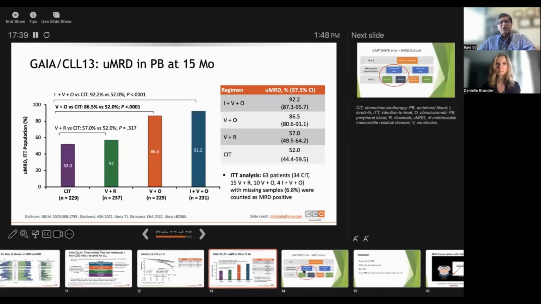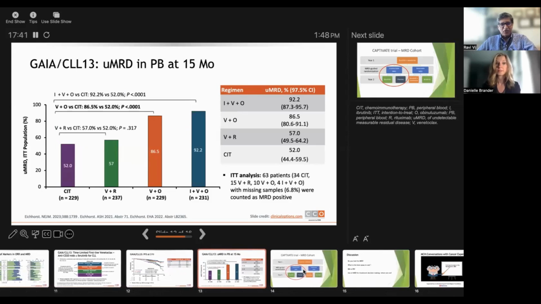And what do we know about MRD in this study so far? Yeah, so chemoimmunotherapy has the lowest one taken for all comers. As I mentioned, the venetoclax rituximab, not nearly as powerful as adding in the obinutuzumab. But the need to wait and see part, I think, is the triplet, so adding in ibrutinib to the venetoclax obinutuzumab arm, it was a little bit more, but not necessarily a lot.